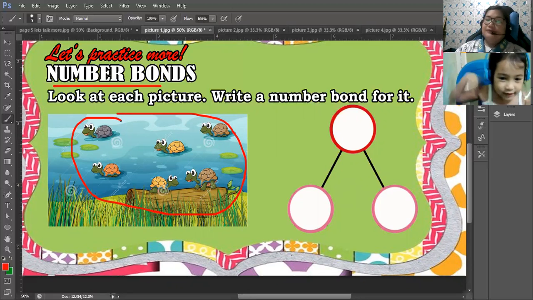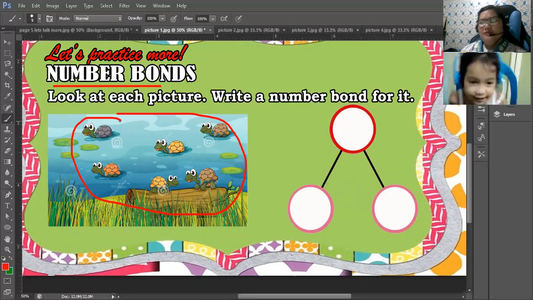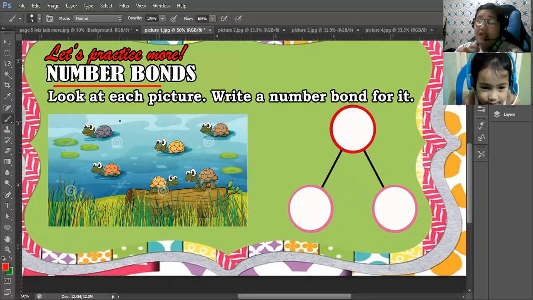Let's make number bonds for these turtles here. Now we can see here two parts of the turtles. The one part is the turtles in the water. And the other part is the turtles on top of the log.